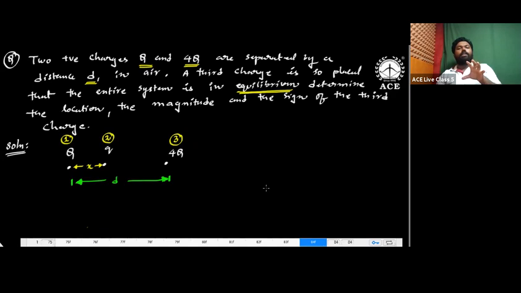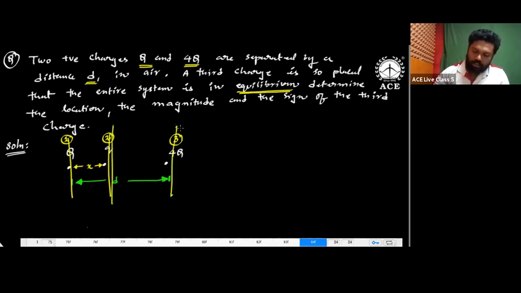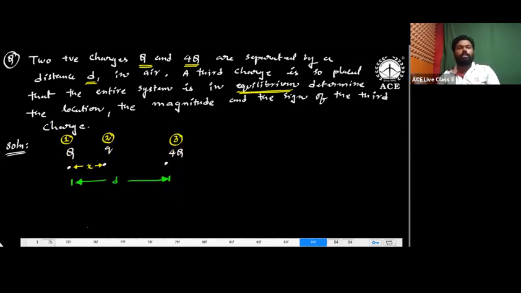So the system will be in equilibrium when the force between any two charges is equal to the force between the other two. If you take the force between these two, it is equal to the force between these two, and also equal to the force between these two. Then only the system will be in equilibrium.